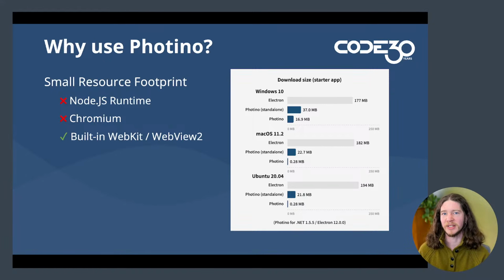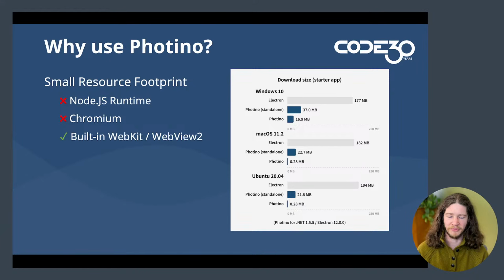And because we're using this embedded browser instead of shipping our own engine like Electron does, the file size is far, far smaller. So we don't need that Node.js runtime. We don't need the Chromium browser as a package dependency, but we use the built-in WebKit controls, WebKit for macOS and Linux, and WebView 2 for Windows.